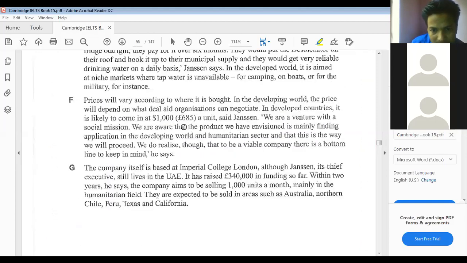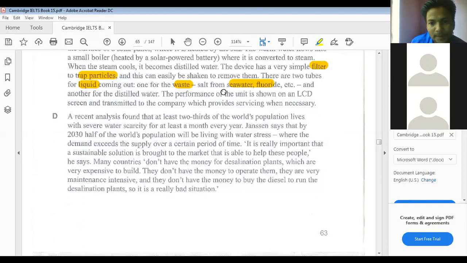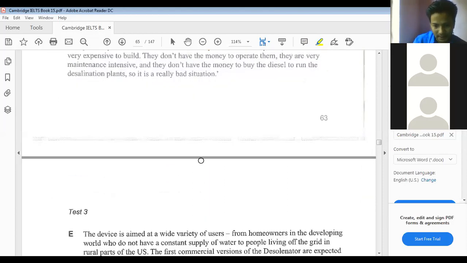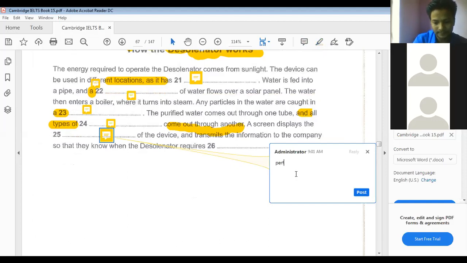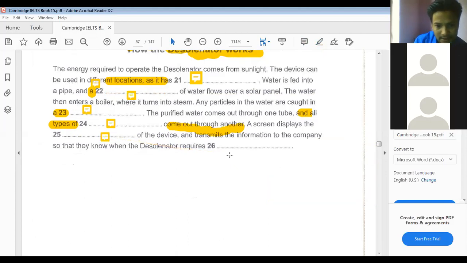The performance of the unit is shown. This is an exact paraphrase. The answer is performance. Have you written performance? Yes, sir. Performance, okay.